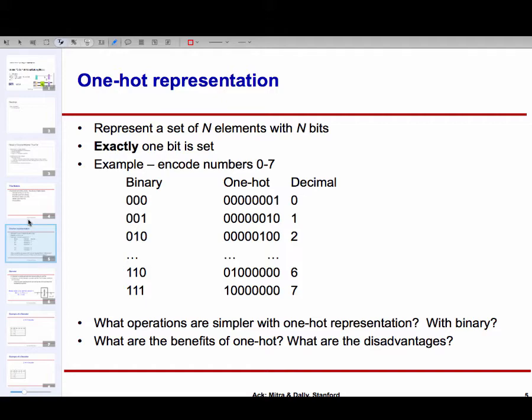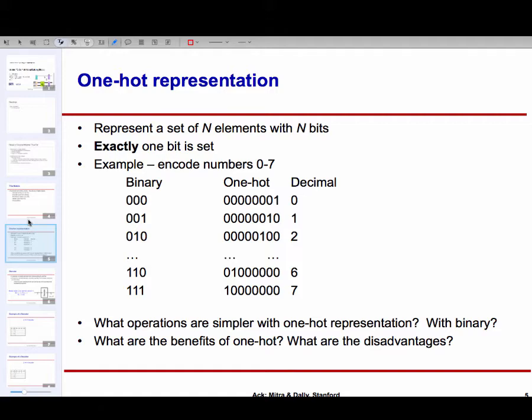Now, this obviously is a more redundant, more wasteful representation than a more conventional representation of the same digits, in 3 bits, the natural base 2 representation one might imagine. But there are certain operations which are easier with the one-hot representation.